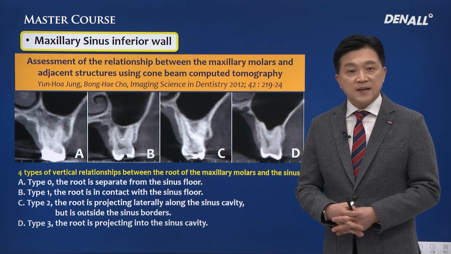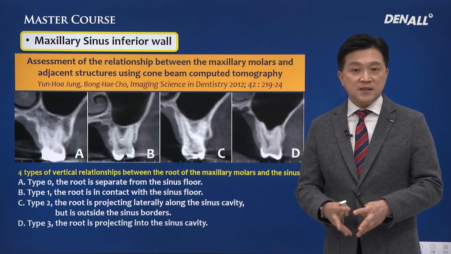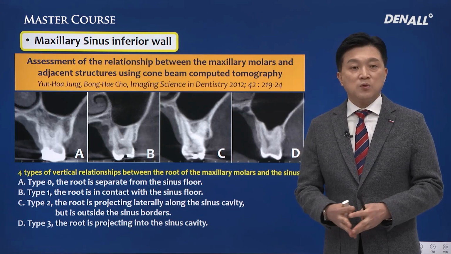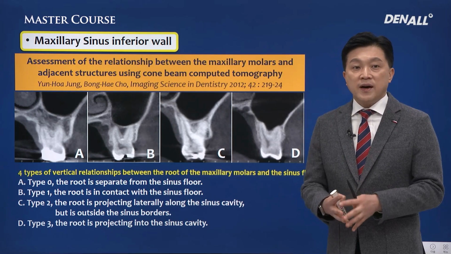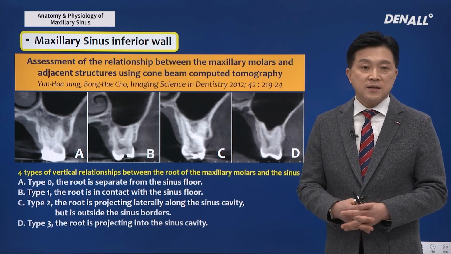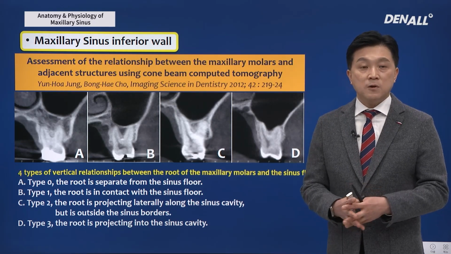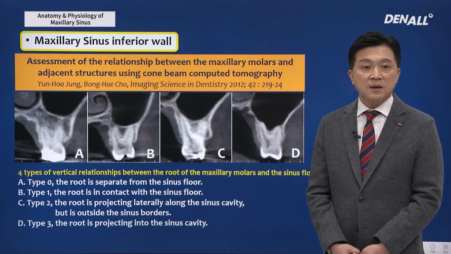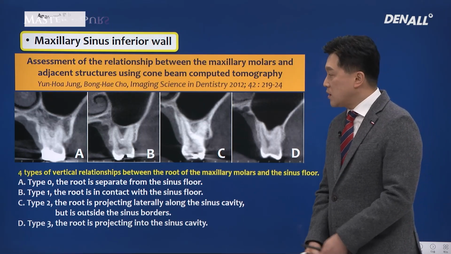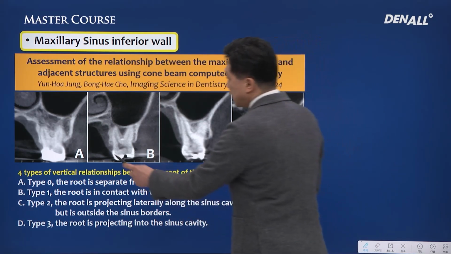If you look at the journal, it talks about correlation between sinus wall and teeth. Based on the correlation between the inferior wall and teeth, we can indirectly anticipate the irregularity of the inferior wall of the sinus. There can be 4 different positional relationships.